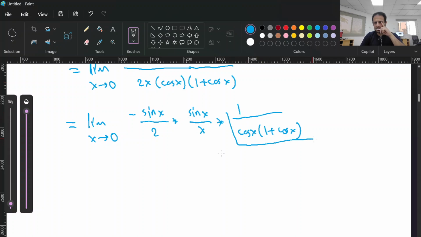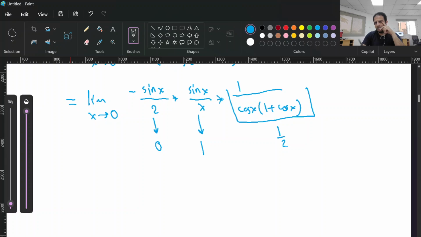What's the limit of this part? 1 over 1 plus 1, right? So it's 1 over 2. So it exists, right? This part is 1, right? So it exists. This one is 0. Are you good with this?